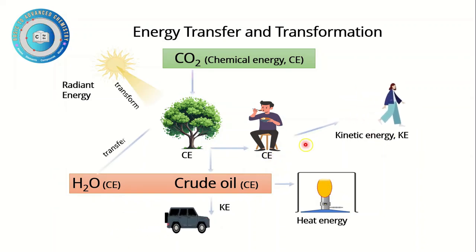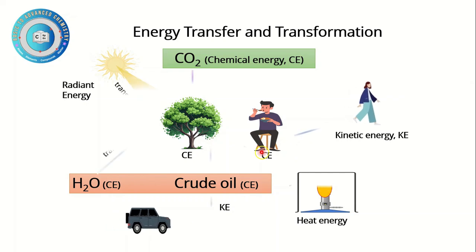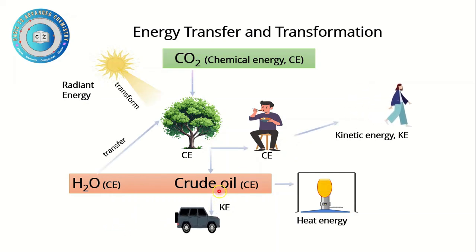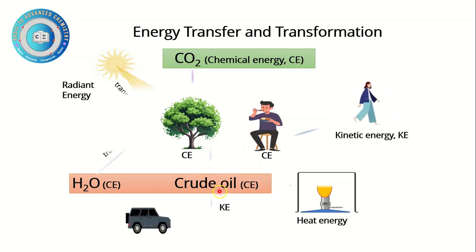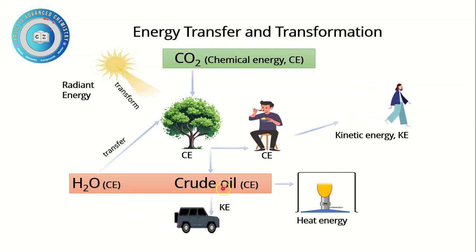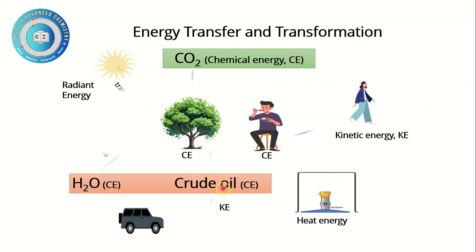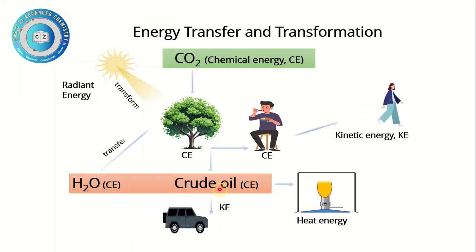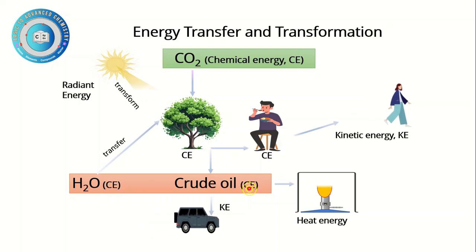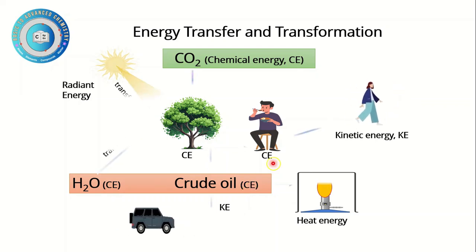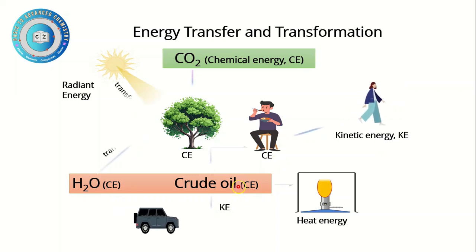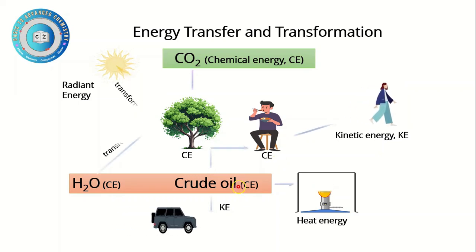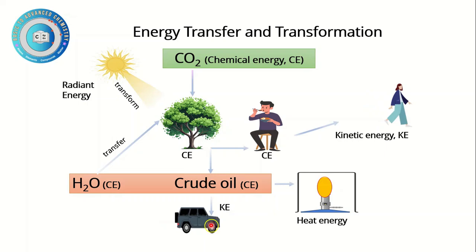In another way, living things die and are buried underground. This is gradually changed to crude oil. Crude oil is a mixture of different chemical compounds. A chemical compound contains chemical energy. This chemical energy is obtained from the transfer of chemical energy in living things. Crude oil is used as a fuel for different vehicles to move.